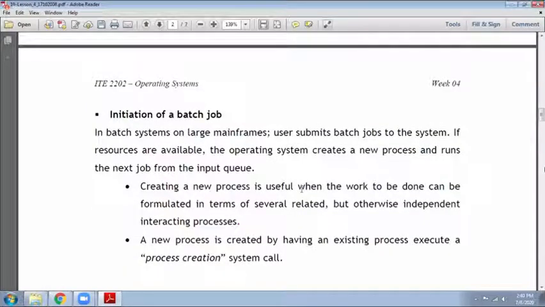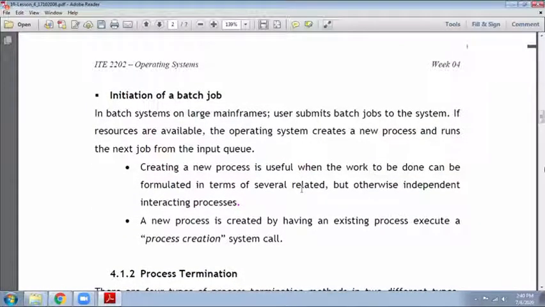And then the fourth one is initiation of a batch job. Can you remember this batch processing term I introduced when talking about large machines, huge machines like mainframes, used by banks, insurance companies, and so on? They have a batch system. Batch system means maybe one batch, maybe 100 commands for different purposes.